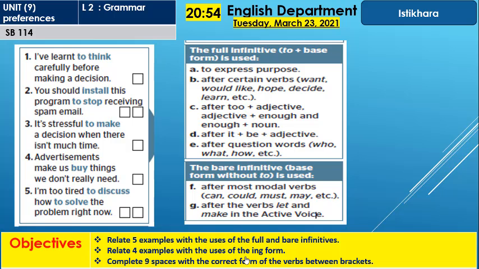The functions are to express purpose after certain verbs like want, would like, hope, decide, and the like; after to and adjective, or adjective and enough plus noun; after it, be and adjective; and after question words like who, what.